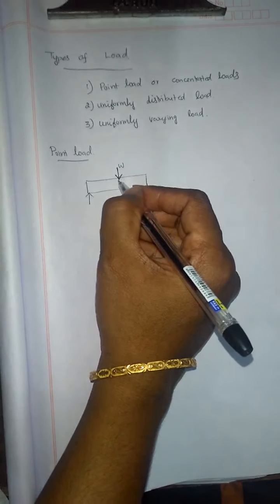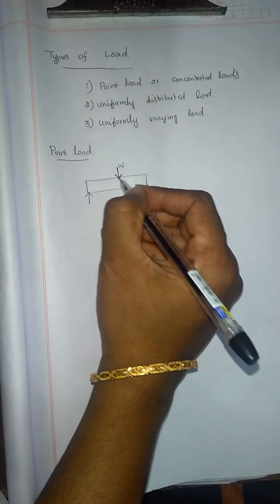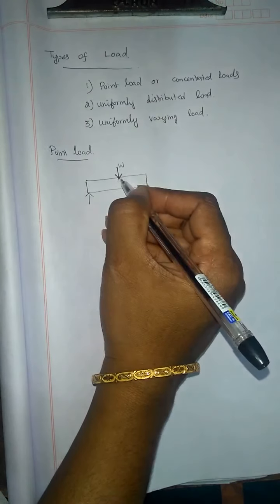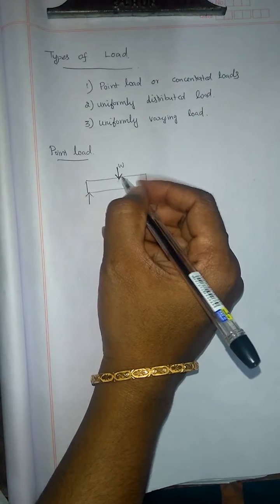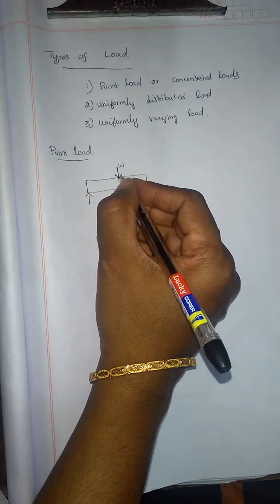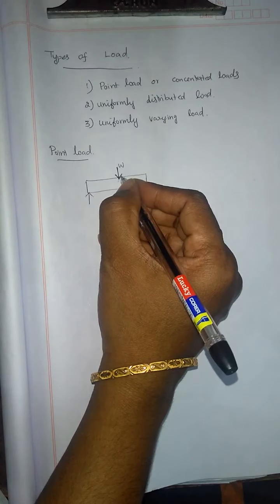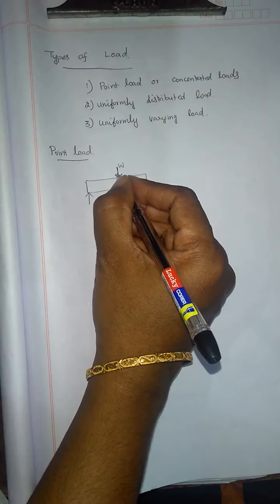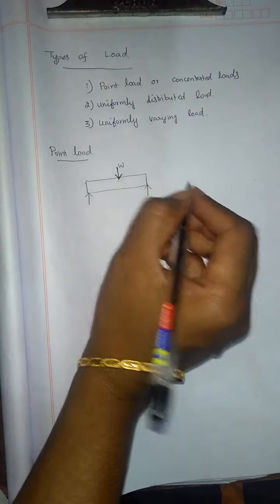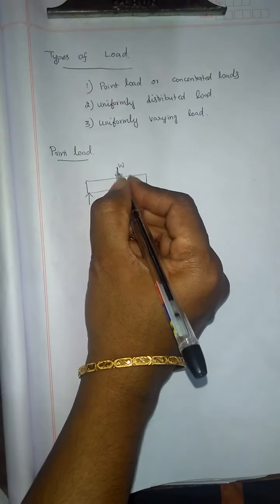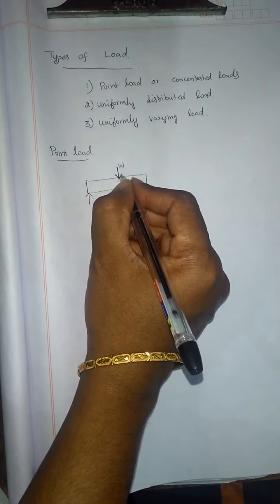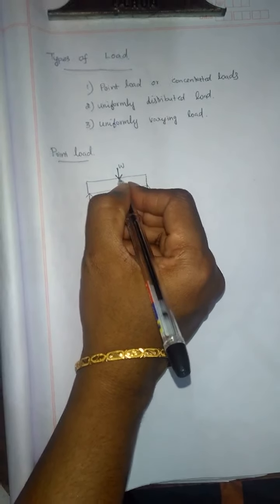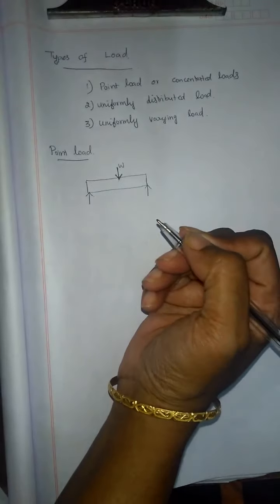But practically this load will be distributed over a small area. Let it be. The point load is the one considered to act at a particular point, also known as concentrated load.